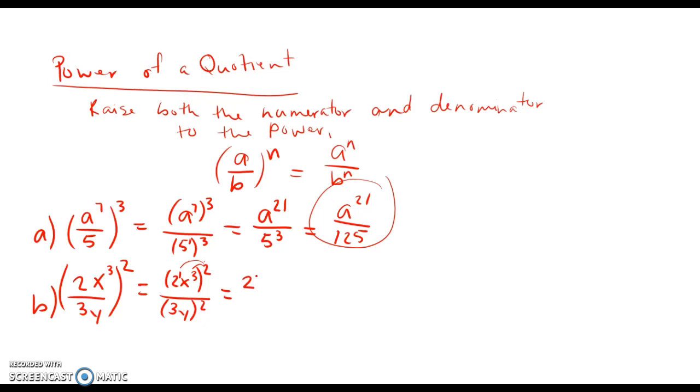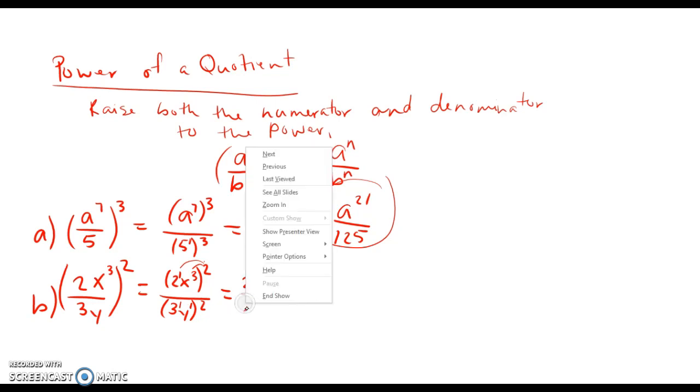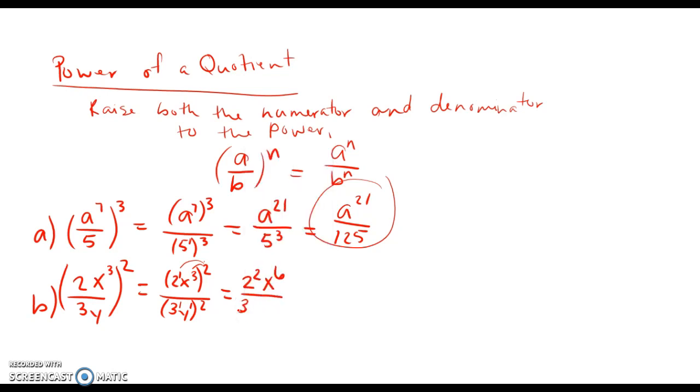So now I have 2 squared, because 1 times 2 is 2. And x, 3 times 2 gives us 6. So 2 squared times x to the 6. And again, this 3 and this y have an exponent of 1. And I'm going to distribute the 2. So 2 times 1 gives us 2. So we're going to have 3 squared times y, and again, 1 times 2 is 2.